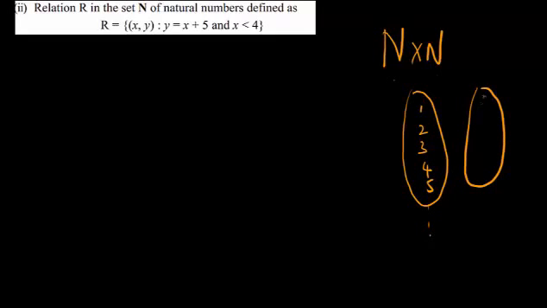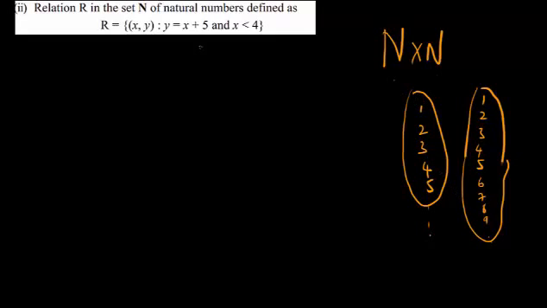Again, I have another set of natural numbers, 1, 2, 3, 4, 5. Let me increase this here. Okay, so let's pick up another set here: 5, 6, 7, 8, 9, and it goes on.